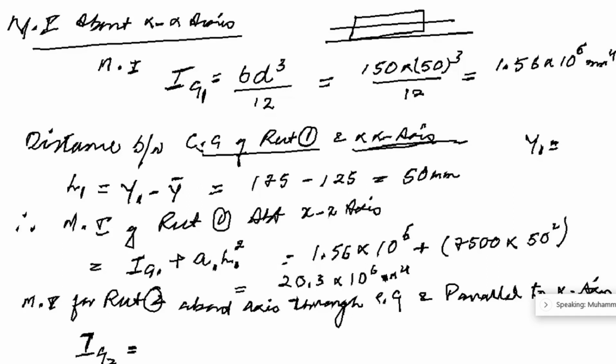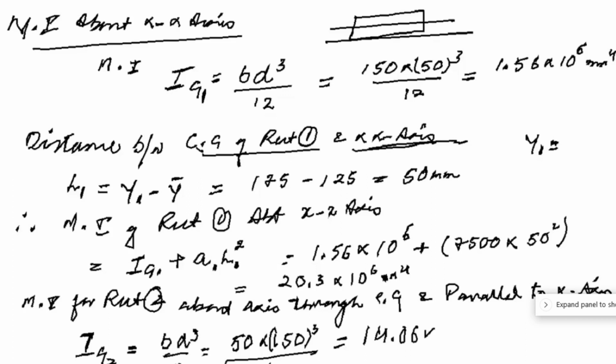IG2 will be simply, again for a rectangle, b d cube by 12. Here for rectangle 2, b is how much? b is 50 and depth is 150 raised to the power of 3 divided by 12. That is 14.06 into 10 raised to the power of 6 mm4.